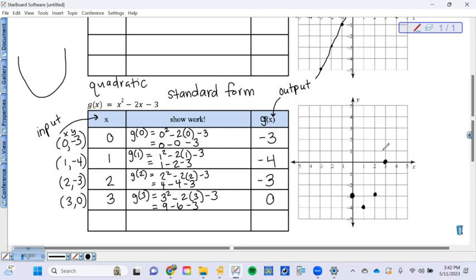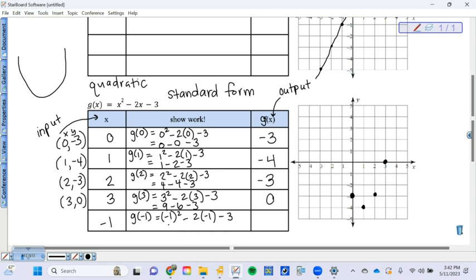Okay. Now I'm going to go backwards. I'm going to put in -1. So g of -1 is -1 squared minus 2 times -1 minus 3. What's -1 squared, Daniel? 1.